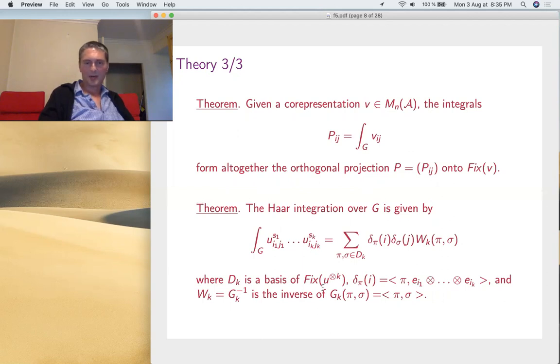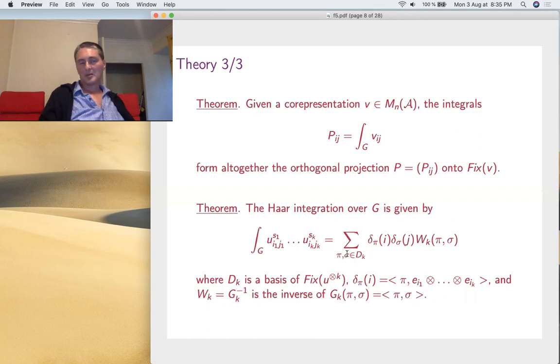So here's the formula. Assuming that U^k has a basis D_k, you take the Gram matrix of the basis, you invert it, and then it's a sum of these terms with those coefficients. It's exactly the basis coefficients of the elements in D. The proof I already told you, it's some linear algebra to be done there. So this basically comes from this, but in a more concrete form.